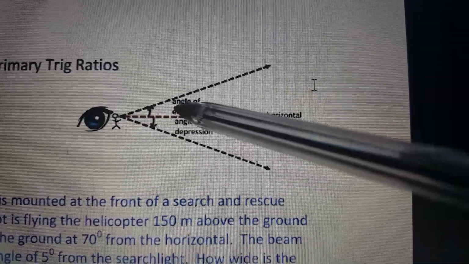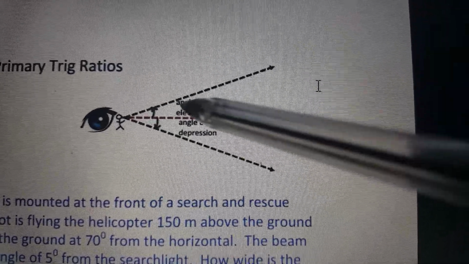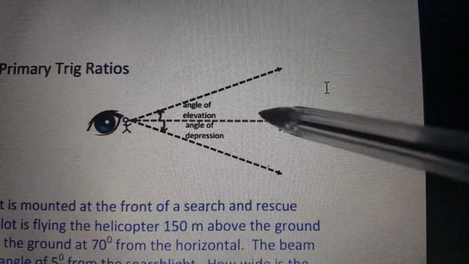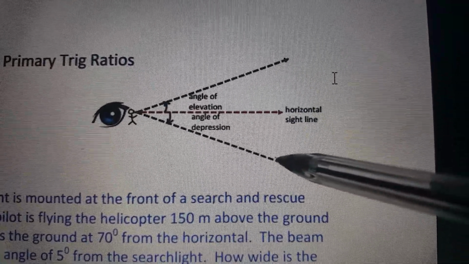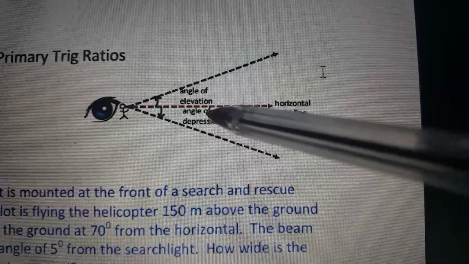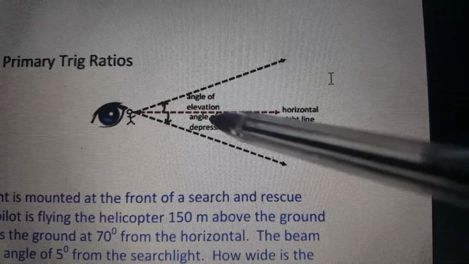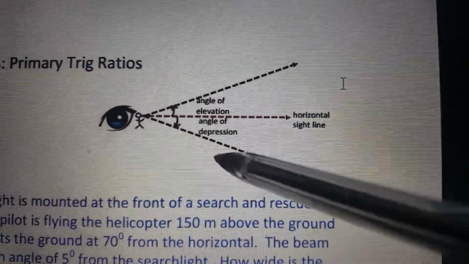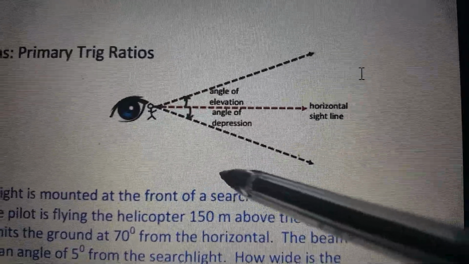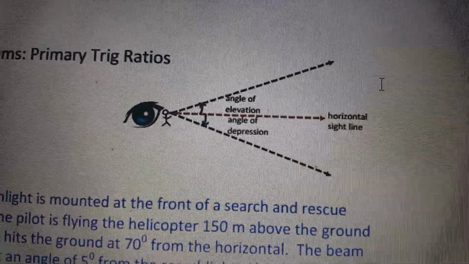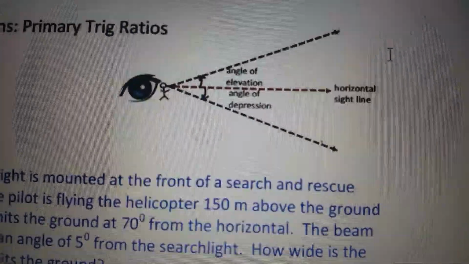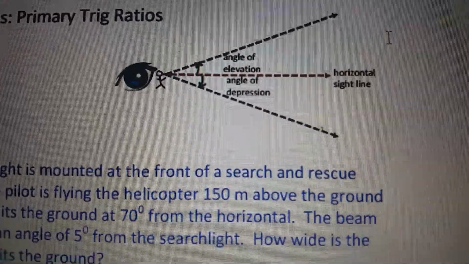If I said to you, look up 40 degrees and maybe you'll see the sun up here. Or looking straight ahead, I might say, now look down at your feet, and let's say you have to look down 40 degrees. So this angle would be your 40-degree angle down, an angle of depression. That's important because a lot of times in these word problems, they'll mention angle of elevation and angle of depression, and you just have to understand what it looks like and how to draw it.